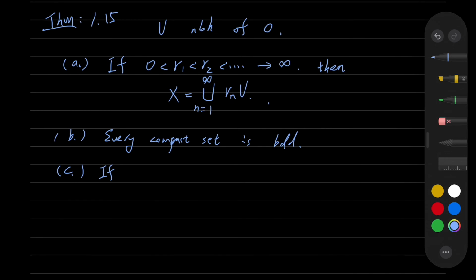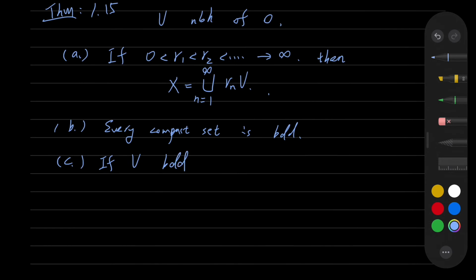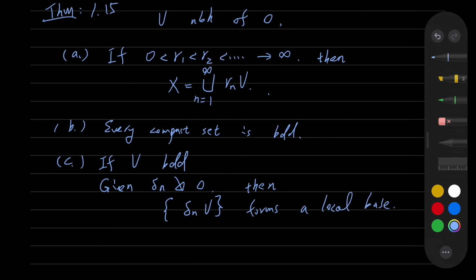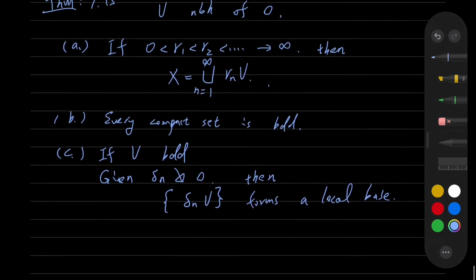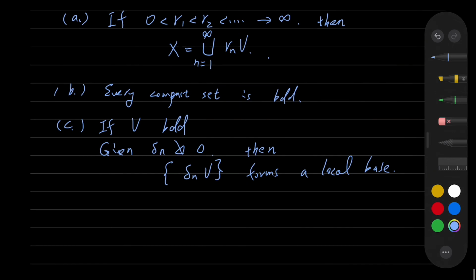And C, if the neighborhood V is actually bounded, and given any sequence delta_n that decreases to 0, then this collection delta_n V forms a local base. So this gives us some convenient criterion about a local base and boundedness.